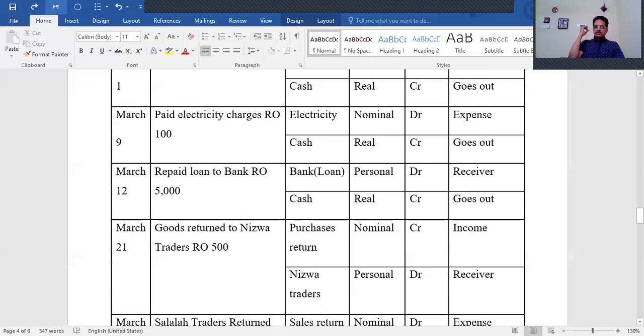That means trial balance, trading and profit and loss account or income statement, and balance sheet, statement of financial position, and analysis, and interpretation.